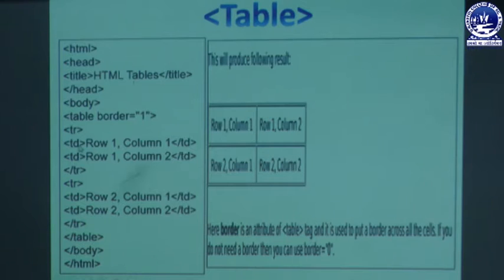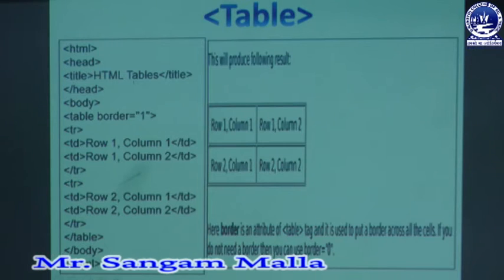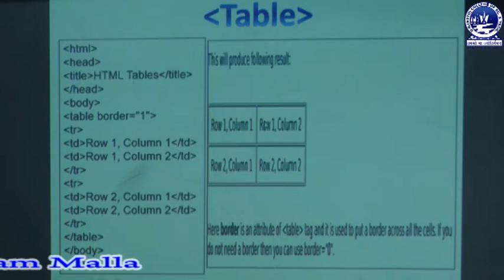As we have defined two td tags inside the tr tag, two columns have been created in a single row. Similarly, here also I have defined two td tags, that means table data tags, which define two columns in a single row.